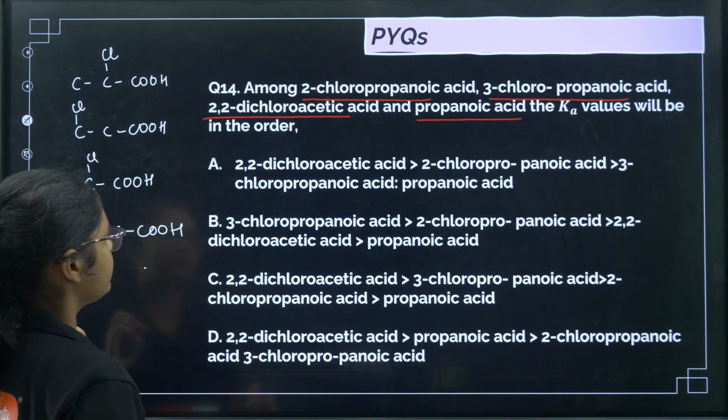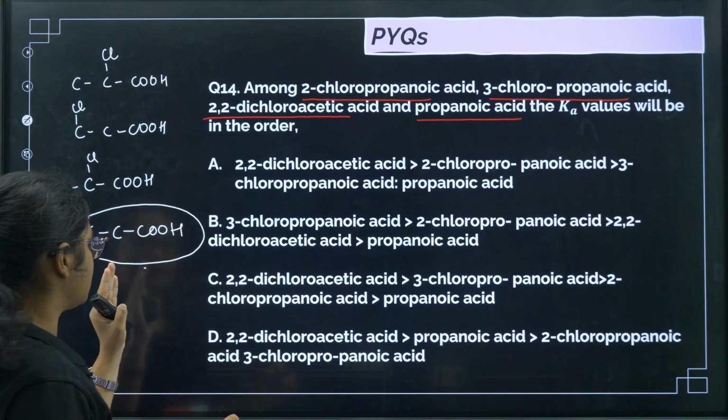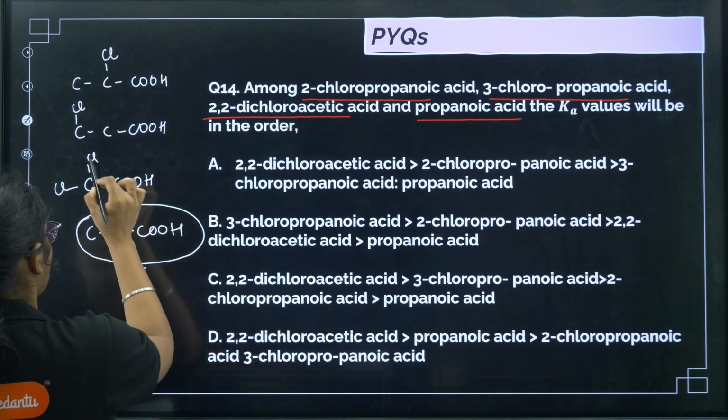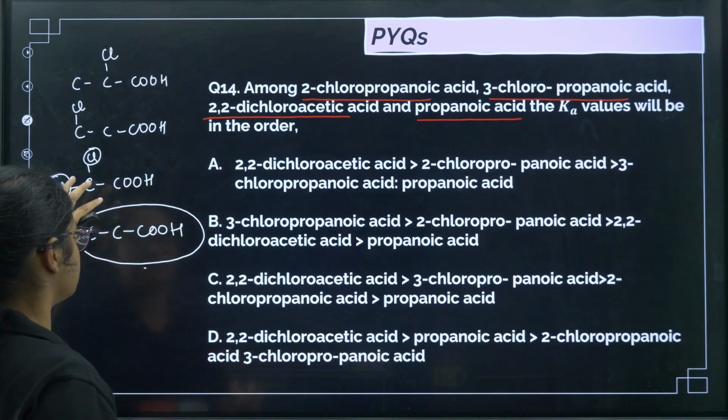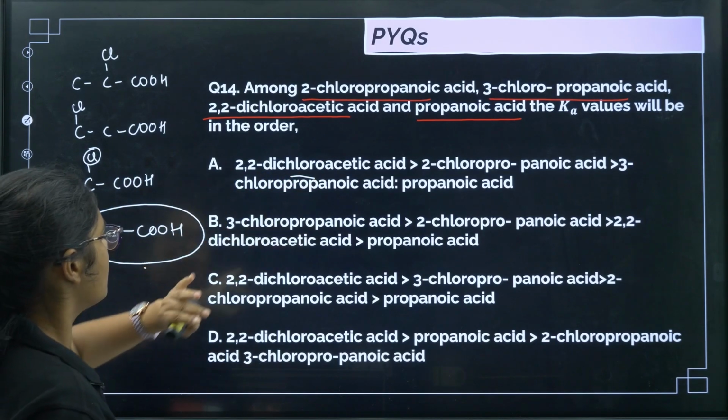Now you see the Ka value. Here there is no electron withdrawing group, right? Here we have two electron withdrawing groups, so this will be more acidic. So definitely 2,2-dichloroacetic acid will be more acidic, right?